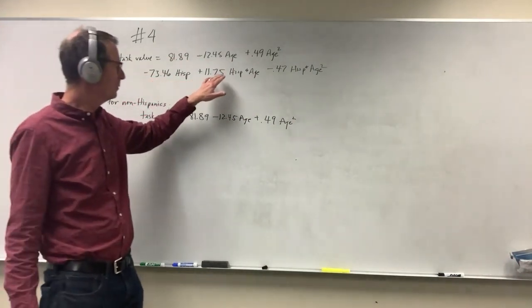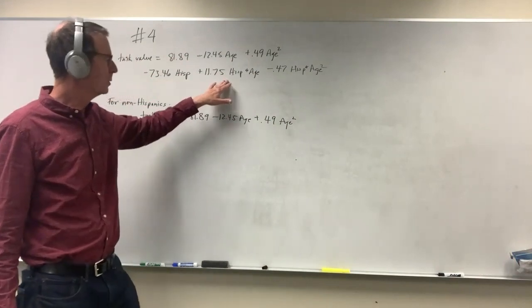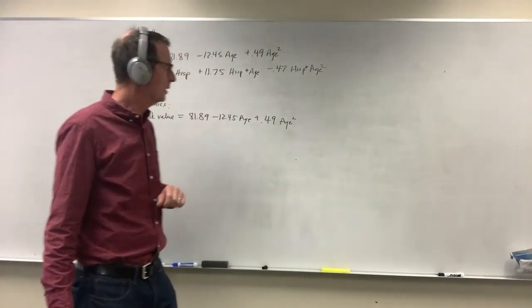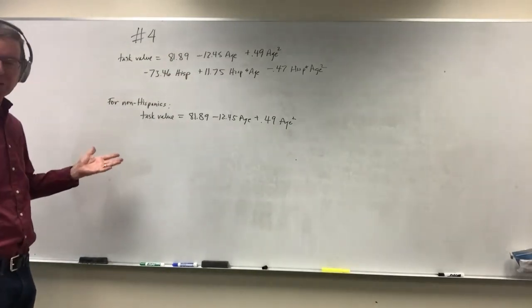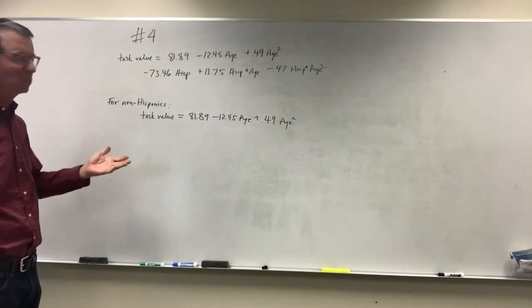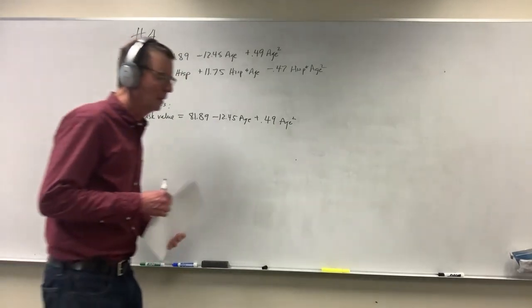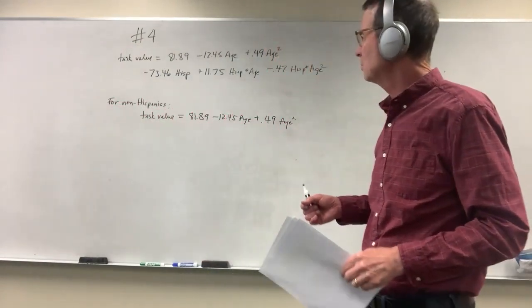This allows for a difference in the age term slope, and this allows for a difference in the age squared term slope. So you're probably going to see a lot of equations like this, maybe in your own work, certainly in the literature. And it's very important to be able to understand what these numbers mean.